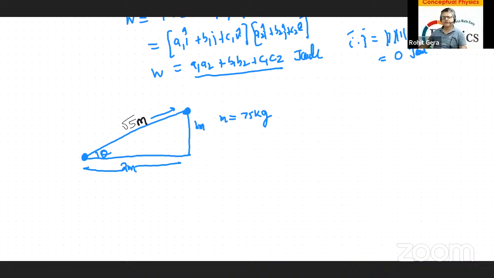So you're saying there is no external force, right?